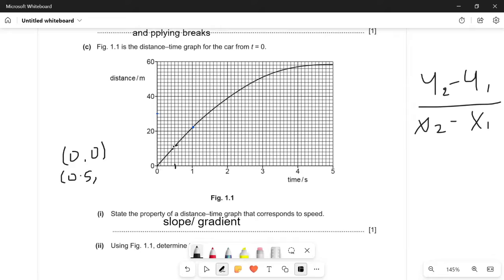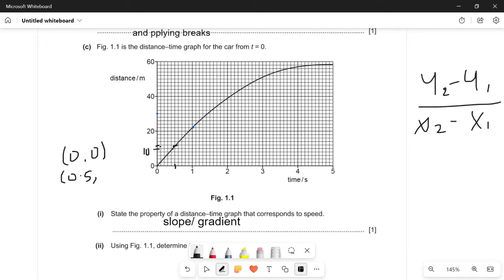And then when you go across to the y-axis, it's going to be 1, 2, 3, 4, 5, 6, but not exactly 6. If 10 boxes represent 20, that means half of it is going to represent 10. So the distance is going to be 10 meters over here.